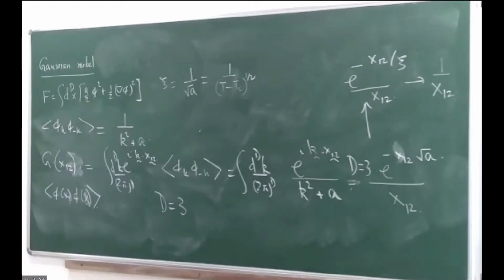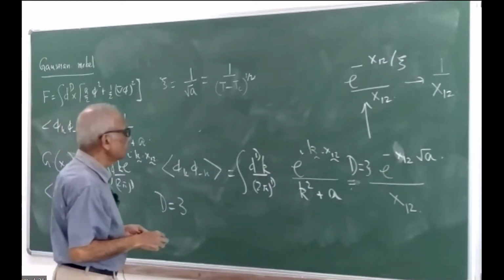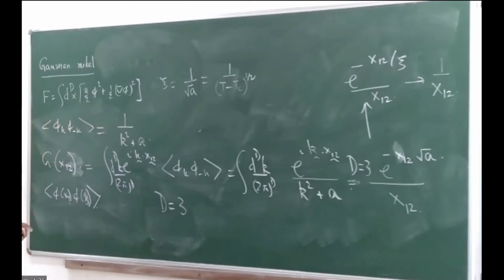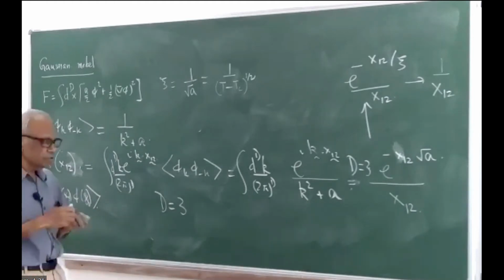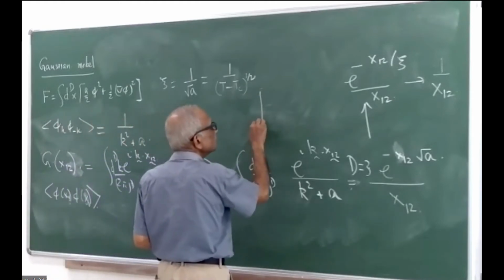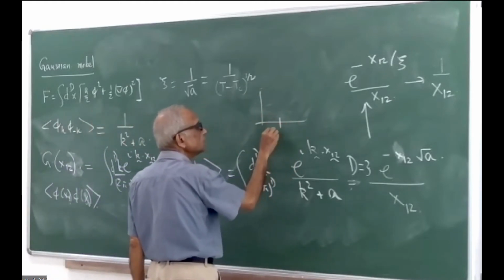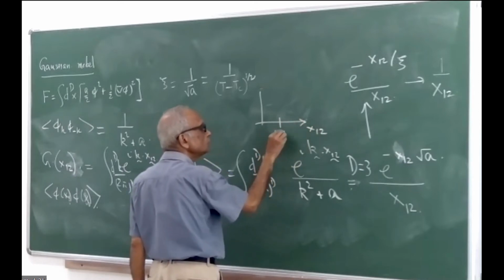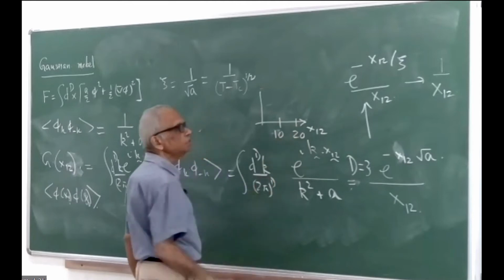So what does scale free mean? Scale free means that g x12 is something I can measure, and the point is that if I am at x12, so I'm plotting against x12, this is 10 and this is 20.